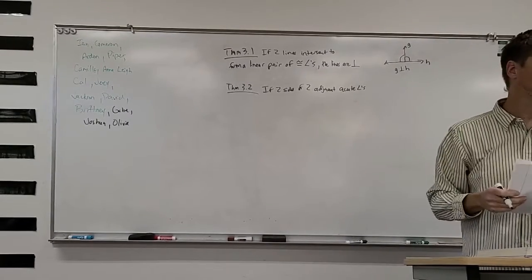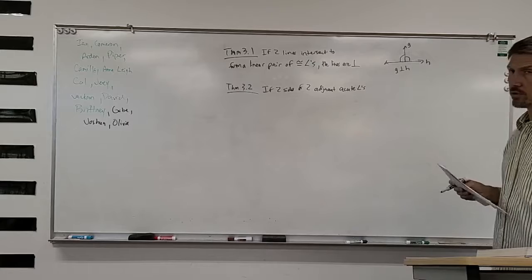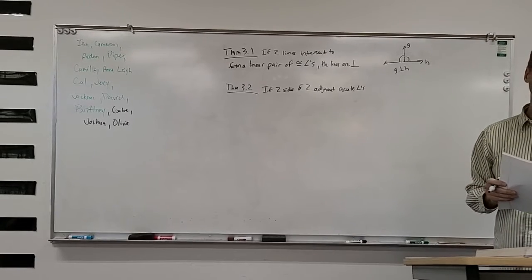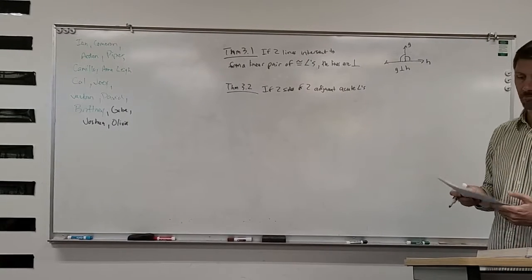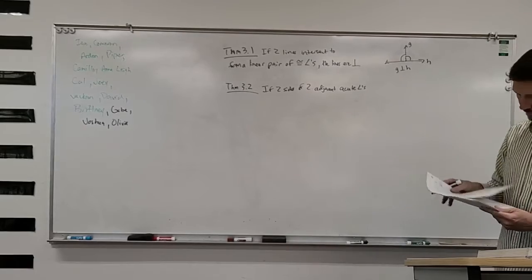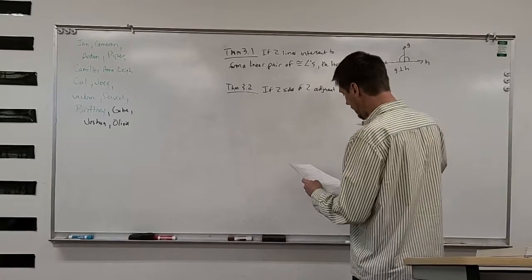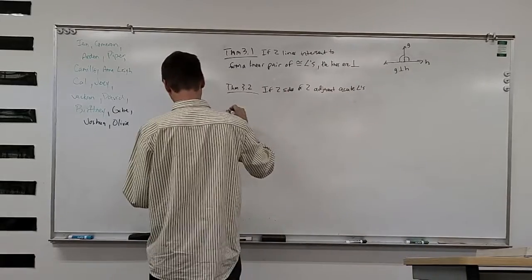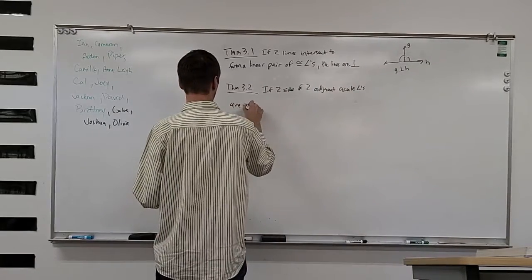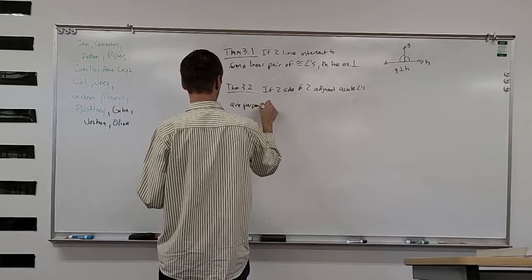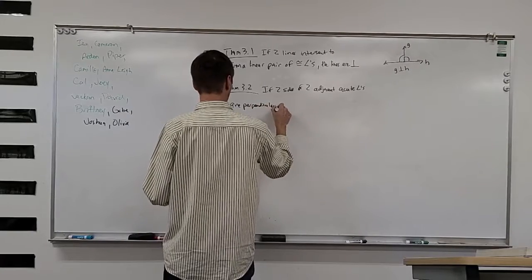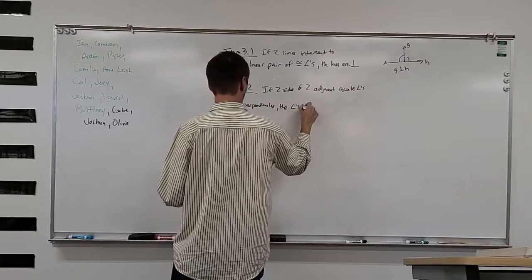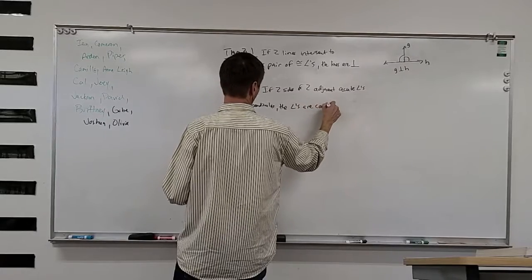They share a side, right? If they're acute angles, what does that mean? Less than 90 degrees. That's right. If two sides of two adjacent acute angles are perpendicular, the angles are complementary.